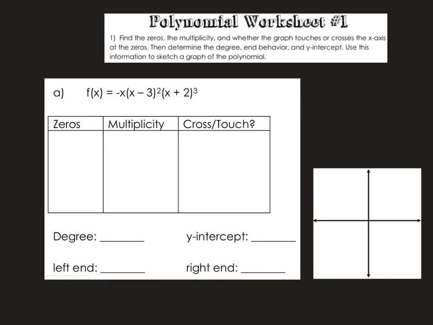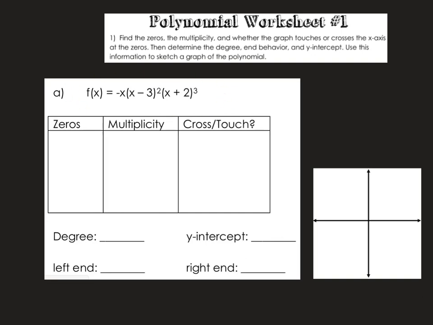So what do you have in front of you now? Well, some review and some new. So for the worksheet that we have here for you, we want to find the zeros, the multiplicity, all that good stuff. You could read the instructions.